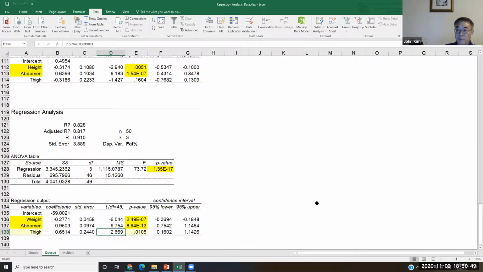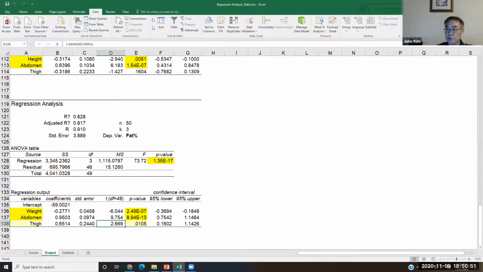So if you have a multiple data set, and you find a y variable and x variables, then using the global test and individual test, you can find the better x variables.